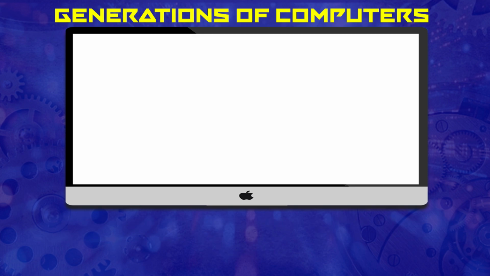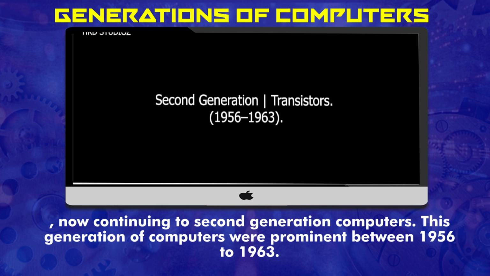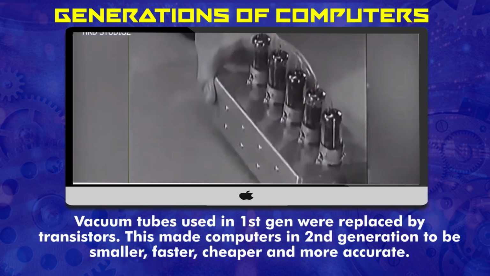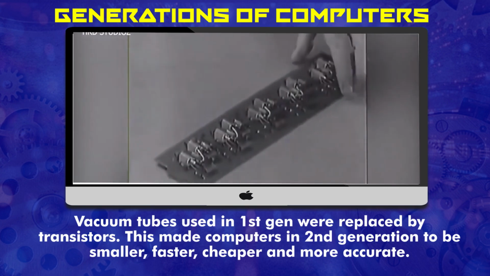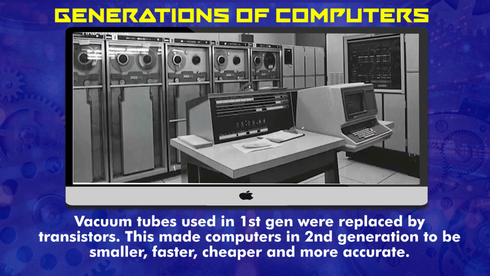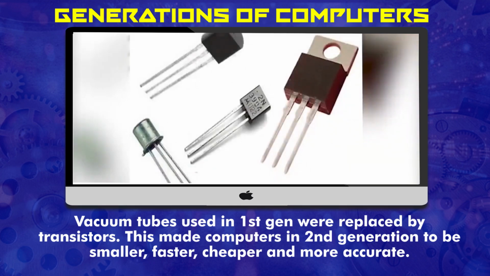Now continuing to second generation computers. This generation of computers were prominent between 1956 to 1963. Vacuum tubes used in the first generation were replaced by the use of transistors.